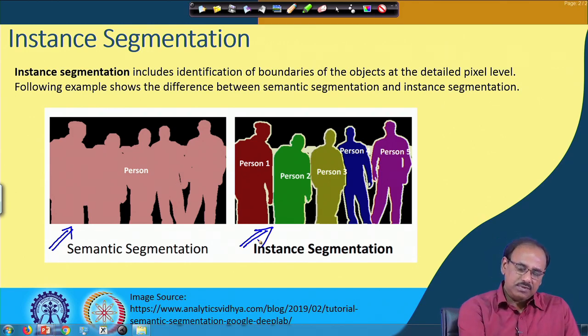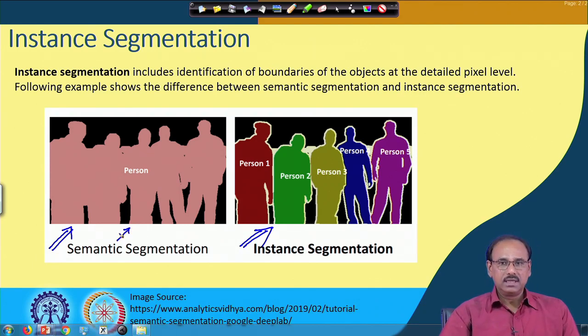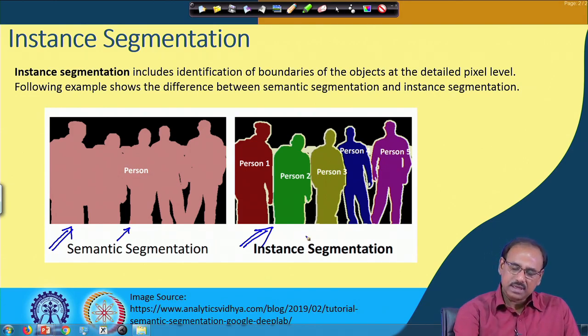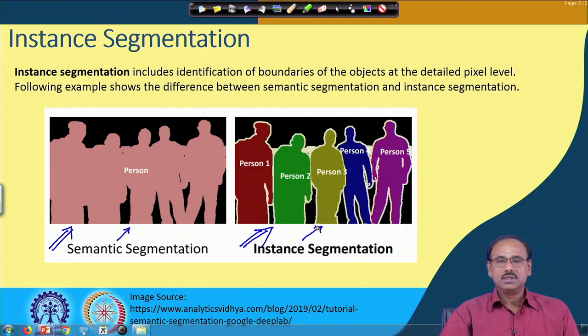So, this first kind of segmentation is what is known as semantic segmentation, which simply tells which class the pixel belongs to. And this kind of segmentation is known as instance segmentation, where it does not only tell you which class, but it also identifies to which instance of that class a pixel belongs.